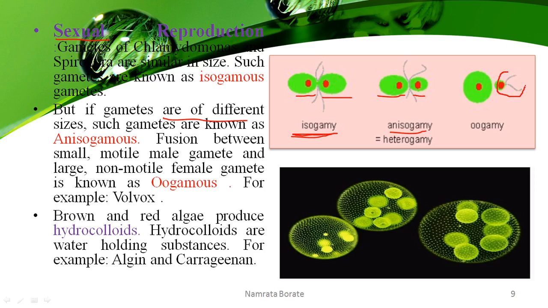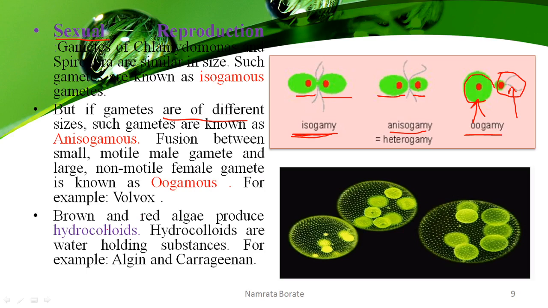You can see this one is a small motile gamete. Motile means there is a presence of flagella, and the female gamete is non-motile. This one is a female gamete and it's a non-motile one. Then that type of fusion, that type of sexual reproduction, is called oogamous.